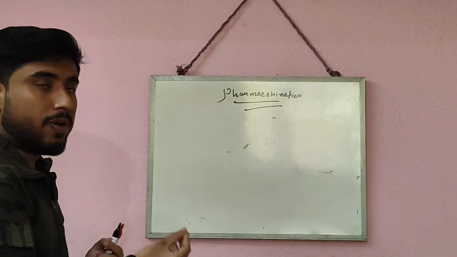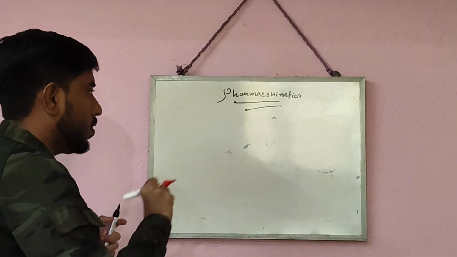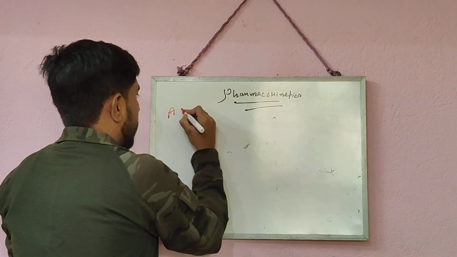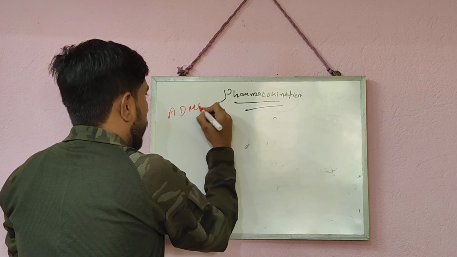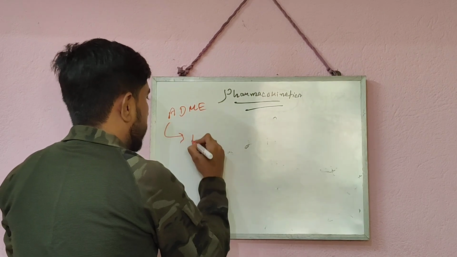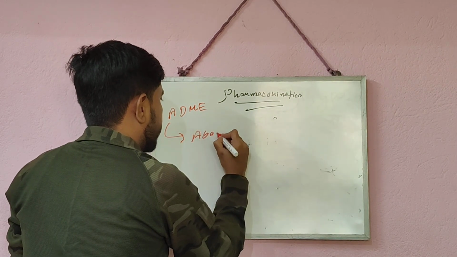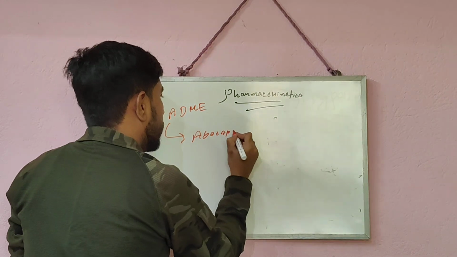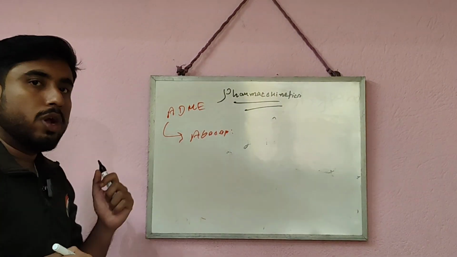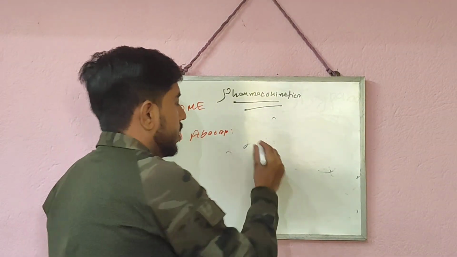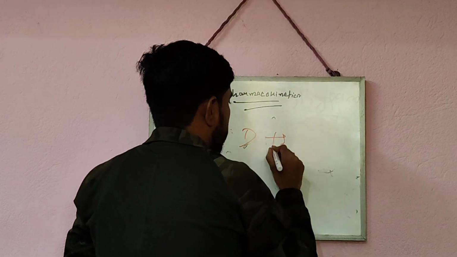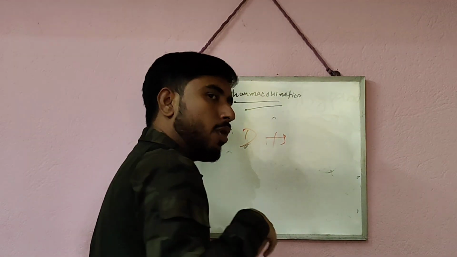So according to this, pharmacokinetics is divided into 4 parts, ADME, where A stands for absorption. In absorption, we study how the drug is administered into our body, which we have already discussed.